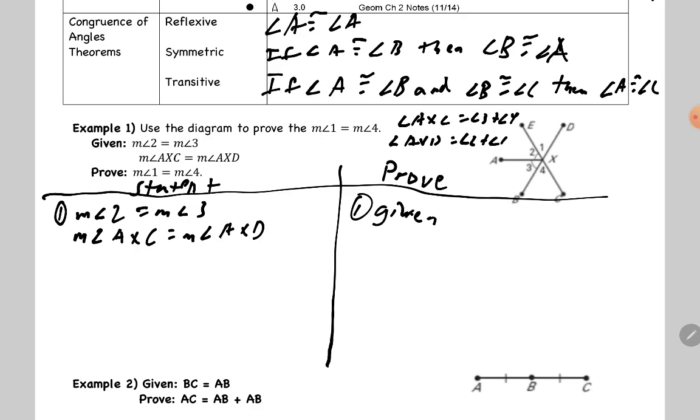Our goal is to get measure of angle 1 equaling measure of angle 4. So all the way down here, we're going to have measure of angle 1 equal to measure of angle 4.